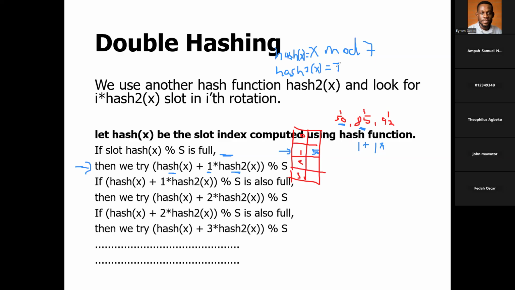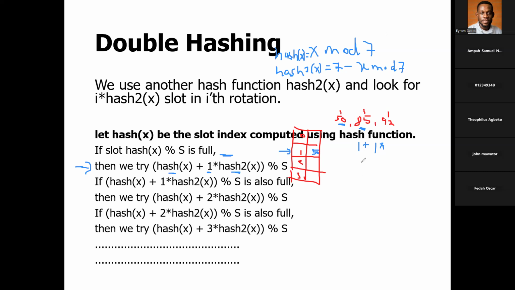Let's say 7 minus x mod 7. Whatever we get for the first mod value, we have to subtract it from 7 to get our second hash value.